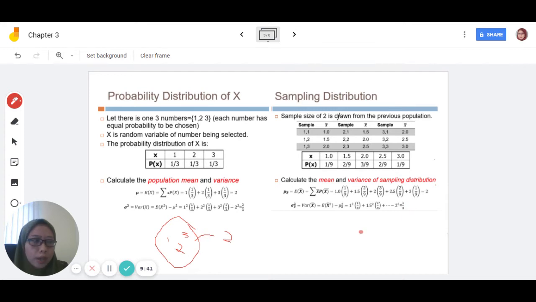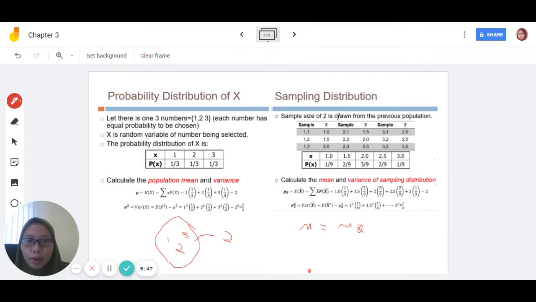So here you can prove that the mean of the population, mu, is equivalent to the mean of the sampling distribution, mu of x bar.